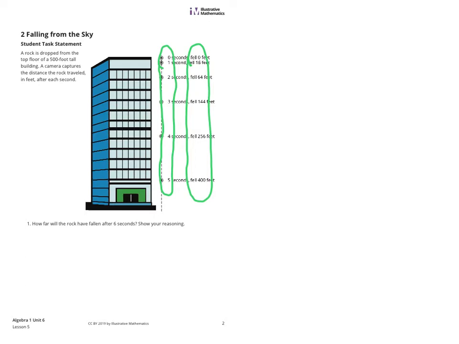All right, so how far will the rock have fallen after 6 seconds? Show your reasoning. Well, we sort of started talking about it in the warm-up. We sort of figured out that that was 0 squared, 4 squared, 8 squared. I don't know why I wrote an 8 there. Ooh, that was a big eraser.